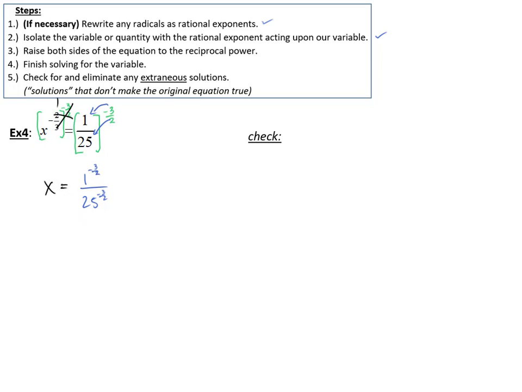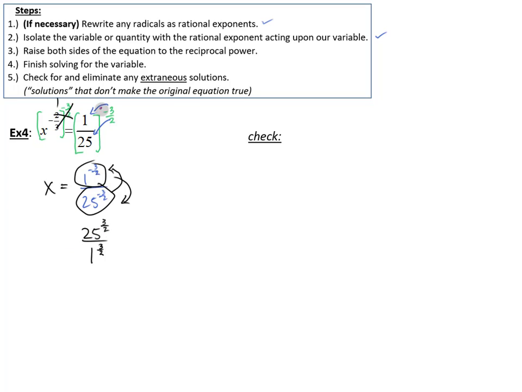Now remember, with a negative exponent, to make it positive, you change its place in the fraction. So that's going to come down, become 1 to the +3/2. This 25 is going to end up going up top and becoming 25 to the +3/2.